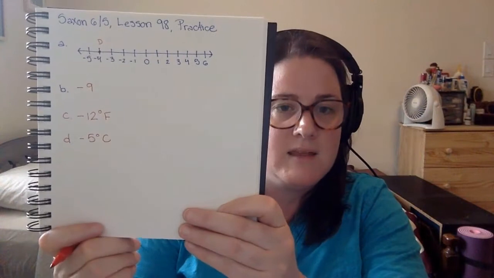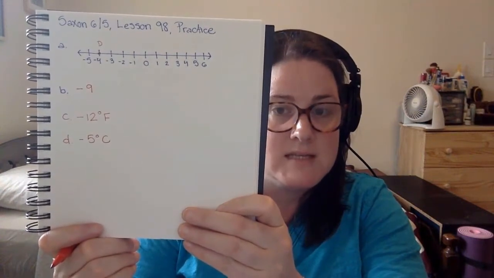So our thermometer is marked out by 2s. So if we look at it, it's 2 full markings below. So -2, -4, and then it's halfway between the -4 and the -6. So that means that our temperature is -5 degrees Celsius. And we would write it like that, -5 degrees Celsius.